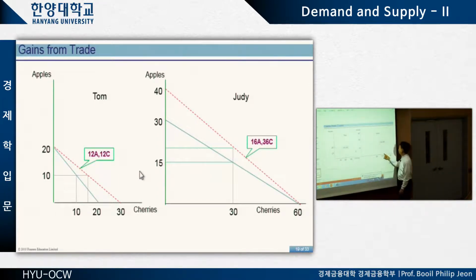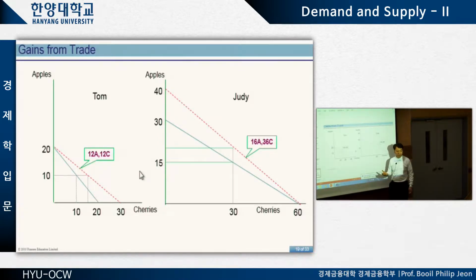Judy will be right here, 45 cherries and 10 apples, right? You understand? Or she can be here, for example, if she provides 30 cherries to Tom, then in return Judy will receive 20 apples. So this was 30 cherries and 20 apples.